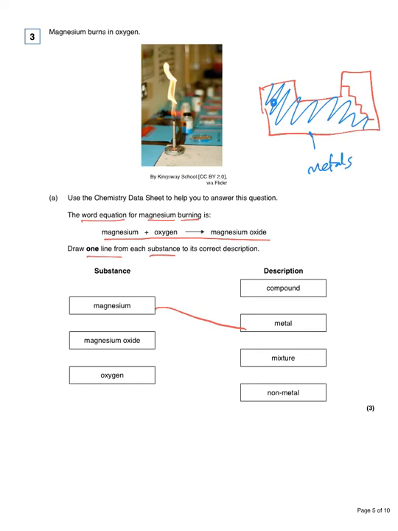Here's magnesium in group 2. And these are non-metals. So magnesium oxide, well, that's made of 2 different elements. So this is a compound, and oxygen is a non-metal because I can find oxygen here in group 6.